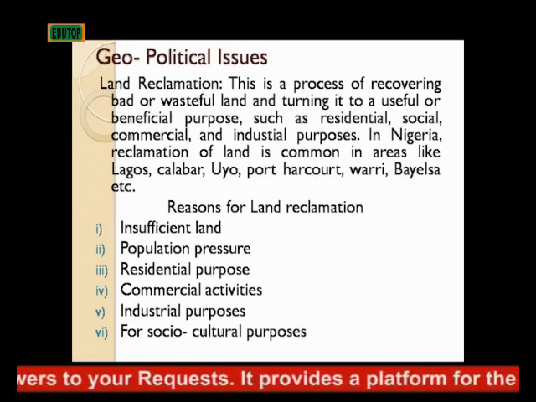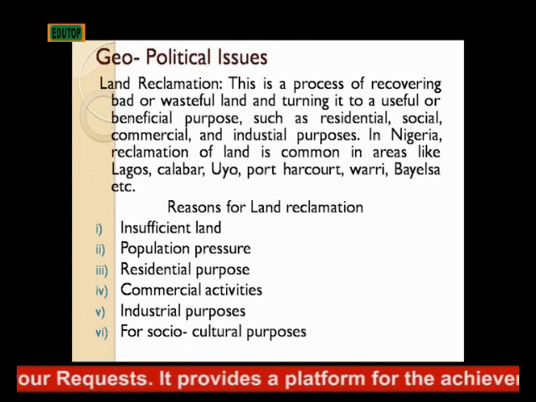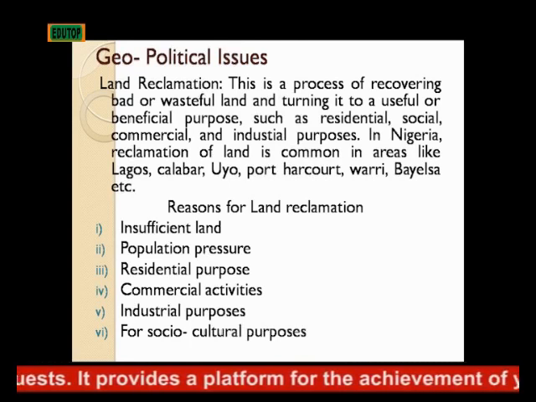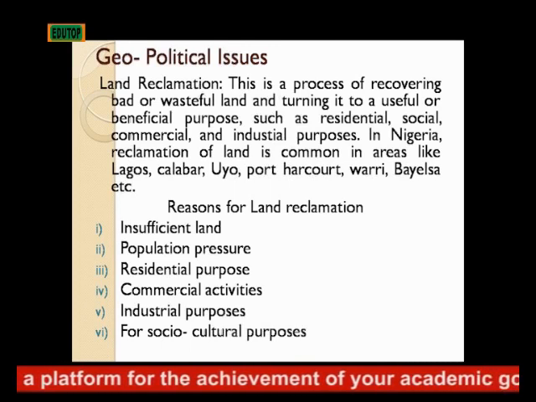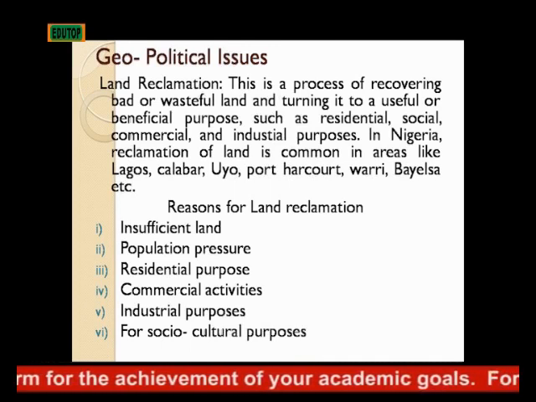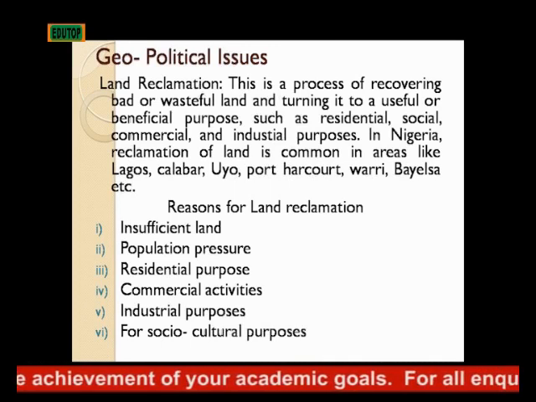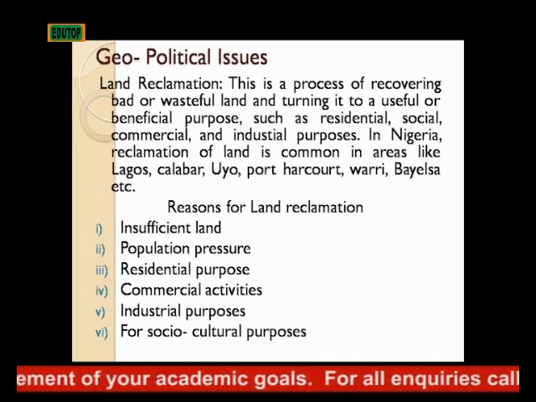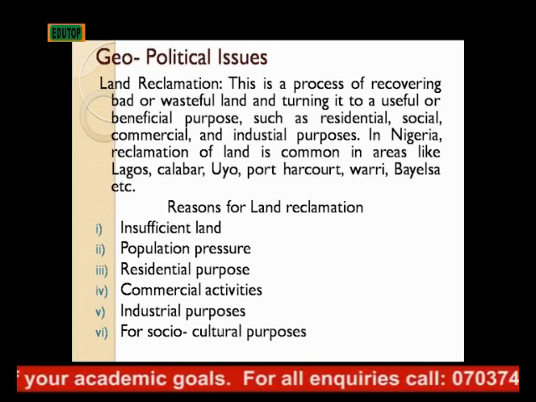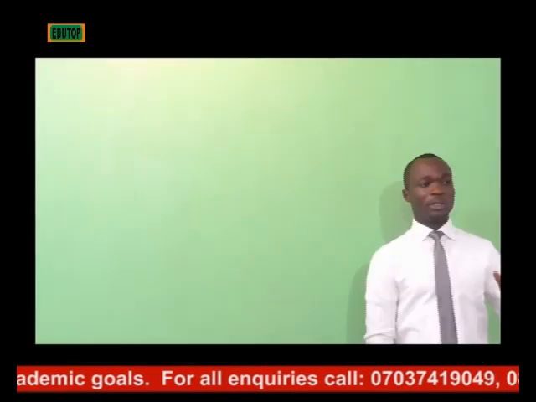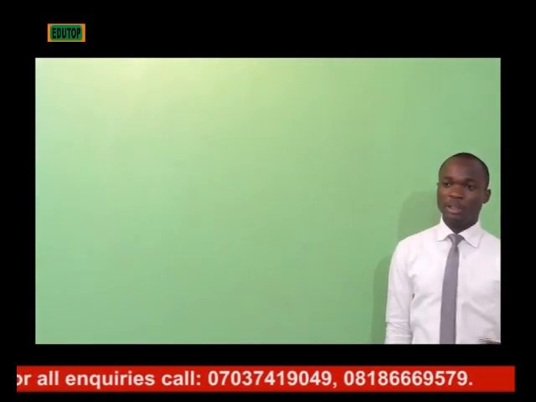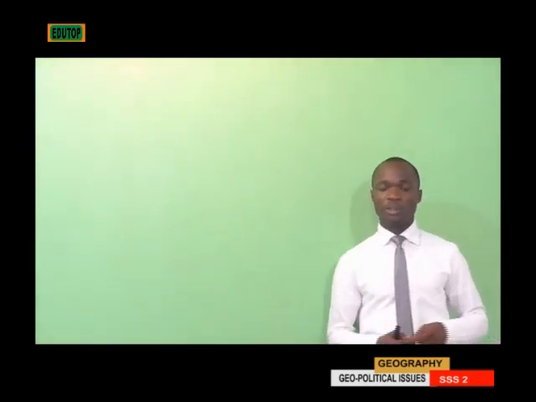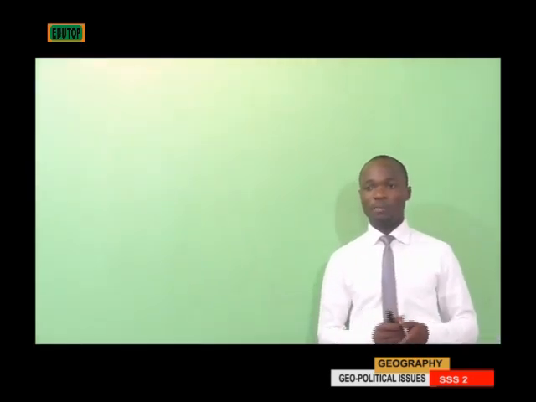In Nigeria, reclamation of land is common in areas like Lagos, Calabar, Uyo, Port Harcourt, Warri, Bayelsa, etc. And reasons for land reclamation include insufficient land. Because of insufficient land, people tend to look at those areas of land that were initially not considered good enough and try to reclaim them in order to make use of them.